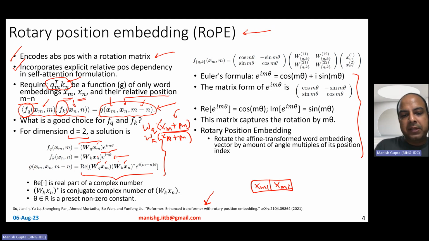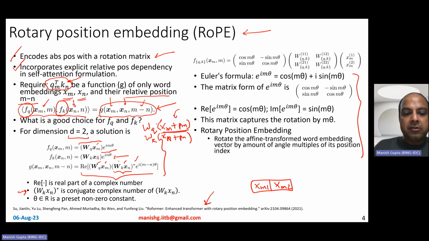But then, the multiplication is not directly very obvious. When you take the dot product, you have to take a complex conjugate of this matrix, WK times XN. A complex conjugate is a transpose where the imaginary sign plus becomes minus, and minus becomes plus. So that's the complex conjugate operator as you see here.